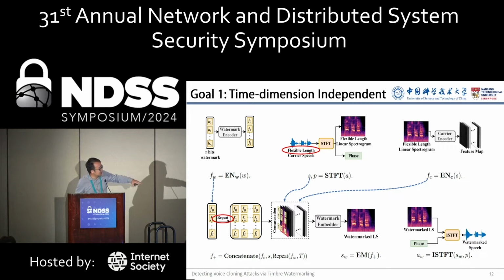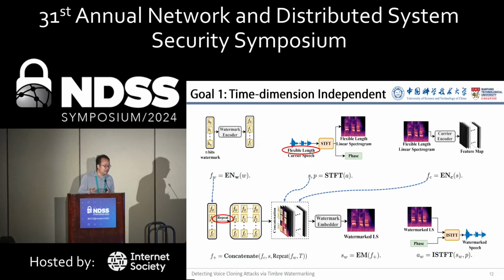And then on the bottom, from left to right, we concatenate the features of the watermark to the features of the frequency domain. Also, in order to achieve time dimension independence, we repeat the features of the watermark multiple times and turn it from a vector into a matrix, and then we embed the matrix into the frequency domain, which means that at different moments, we are still able to see the repetitions of the watermark to make sure that it is time independent.